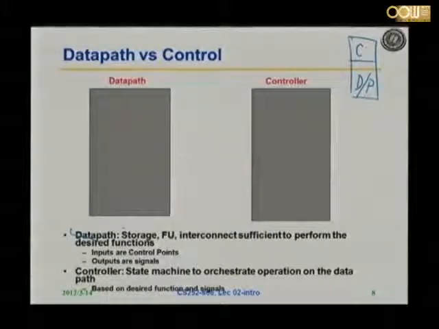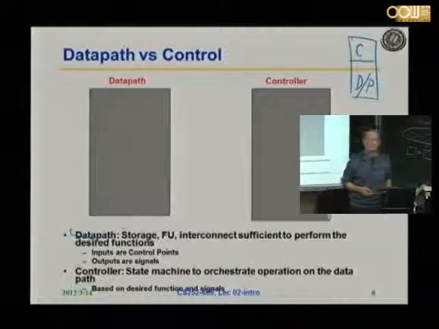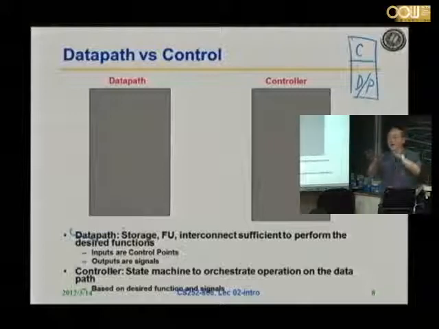So imagine what it has. It has registers, all kinds of registers, R0 to R whatever, stack pointer, instruction pointer, carry flag, overflow flag, whatever. And then it has adder, subtractor, multiplier, whatever. And then all this needs to be connected together using wires.